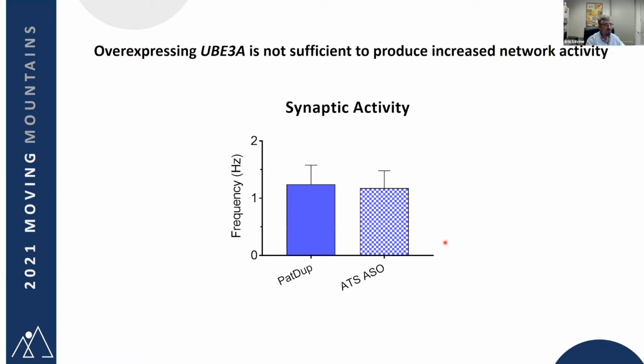And this is strong evidence that other genes in addition to UBE3A also contribute to produce the phenotype that we saw in the Dup15q neurons. And so this is maybe somewhat in line with the lack of behavioral phenotype that is seen in the UBE3A overexpressing mouse that was presented yesterday by Matt and Matthias.